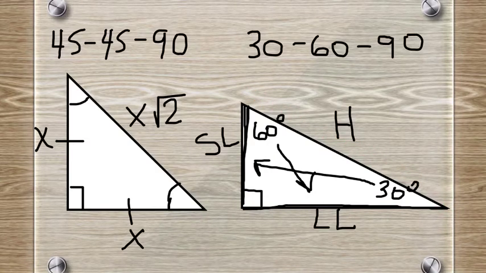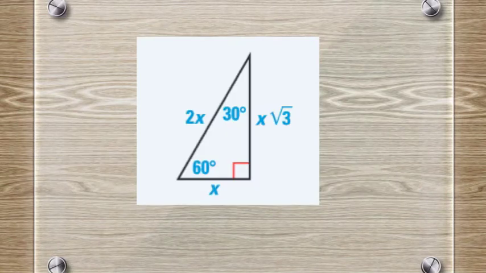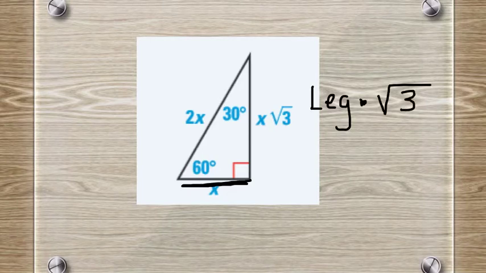So let me show you the rules. Unlike our previous examples, the legs are different. What we're going to start with is the shorter leg. If you can find the shortest side of the triangle, that's your first step, which on this one is just x. Now, to find the longer leg, you multiply the short leg times radical 3.